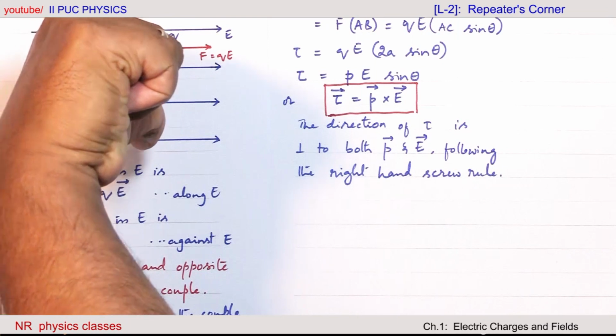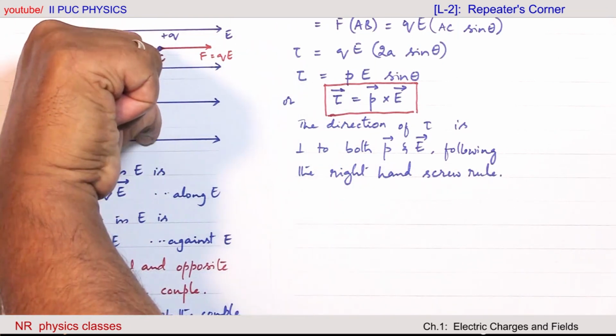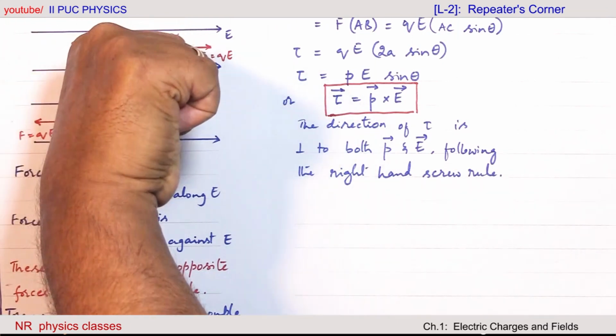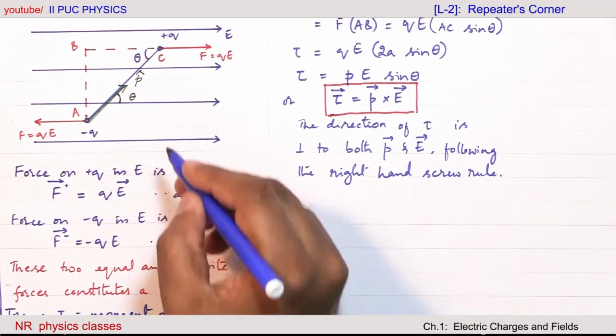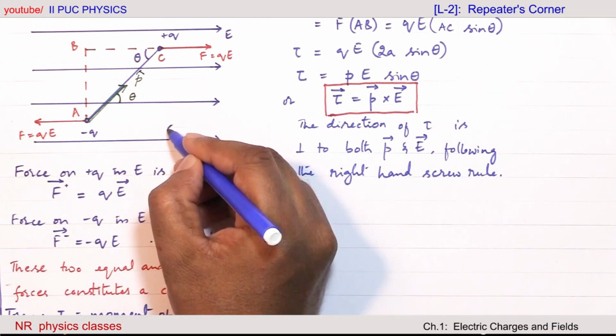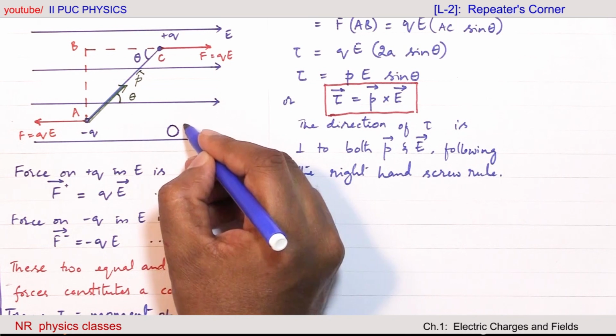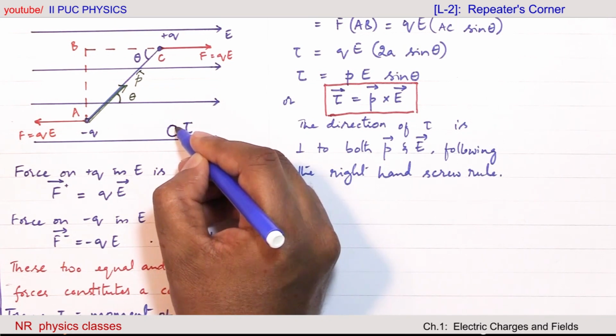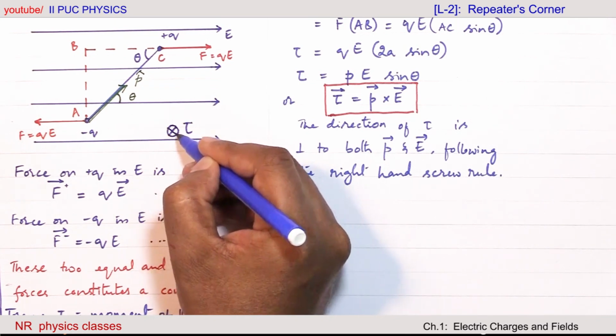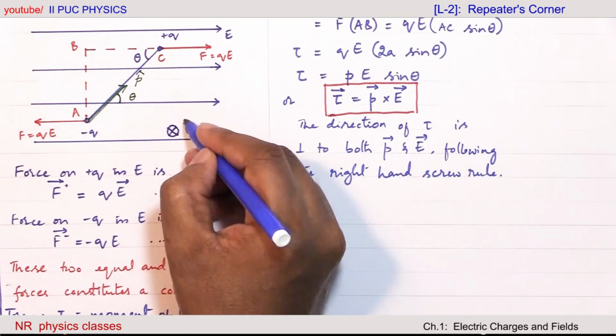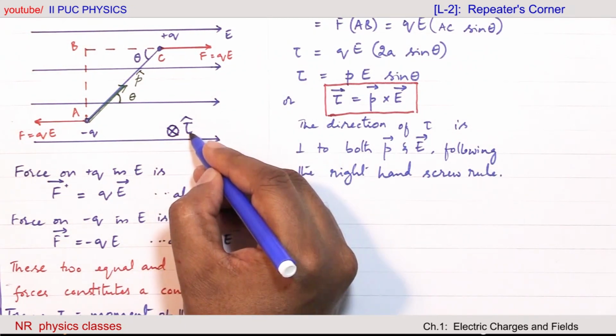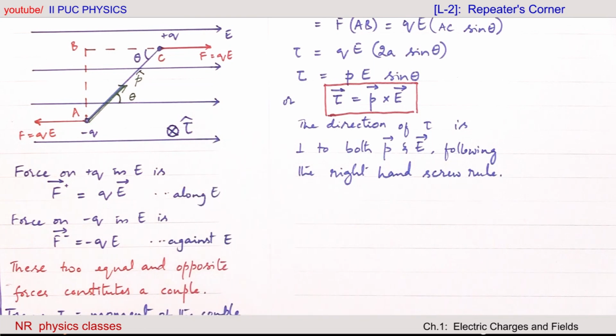The thumb will be pointing downward. Means the direction of tau is perpendicular and into the plane. Therefore, in this diagram, the direction of tau is perpendicular and into, represented by this symbol. Let us make it tau cap unit vector.